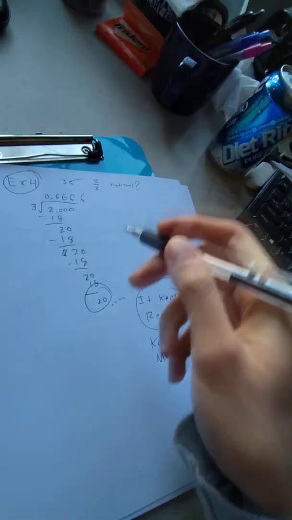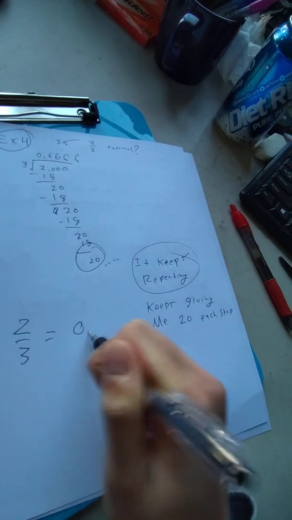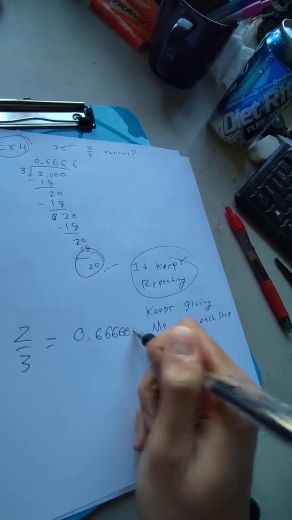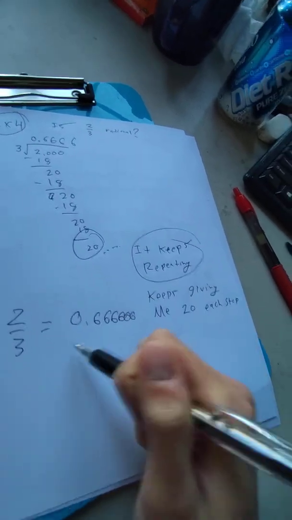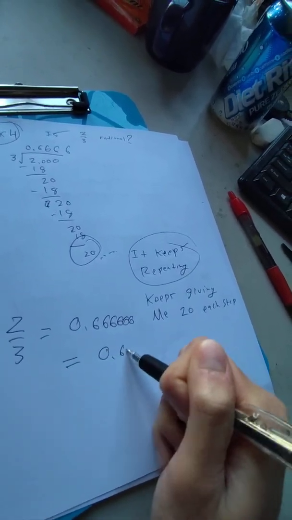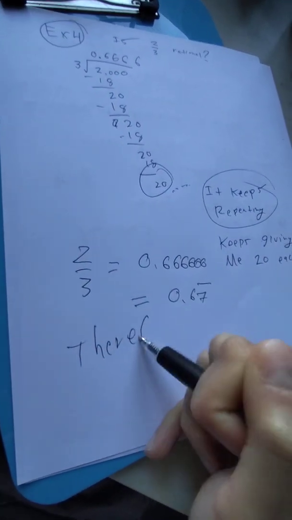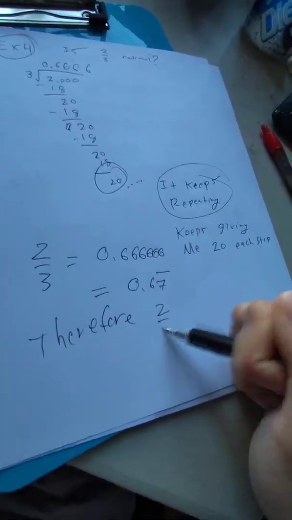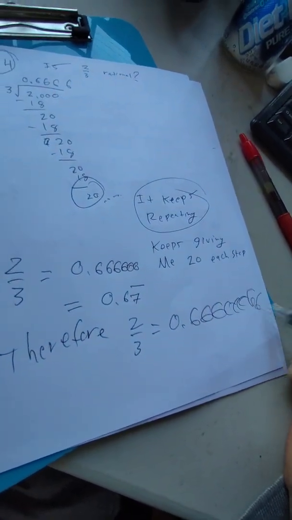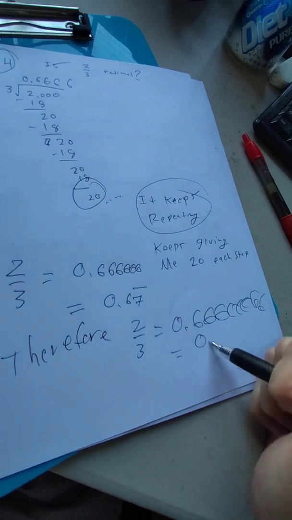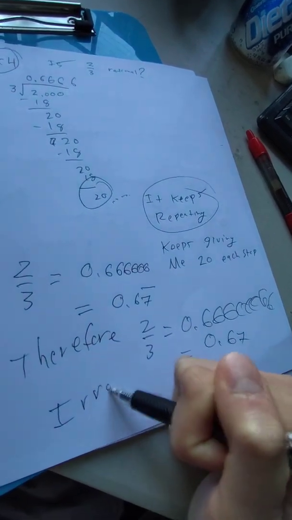So therefore 2 over 3 will equal 0.666666. As we can see, these 6's keep repeating, so then we can estimate it as 0.67. So 2 over 3 equals 0.66666666, which equals 0.67. So it's irrational.